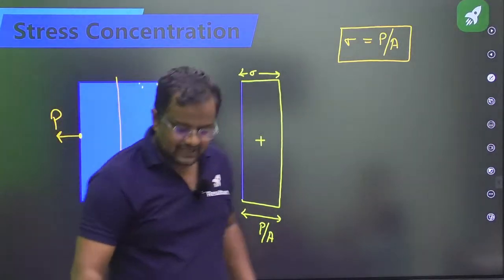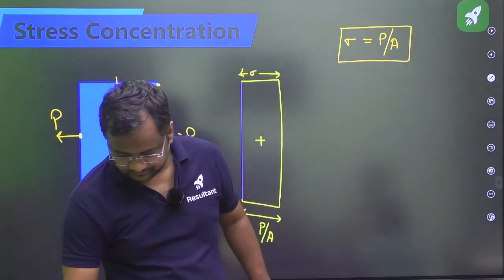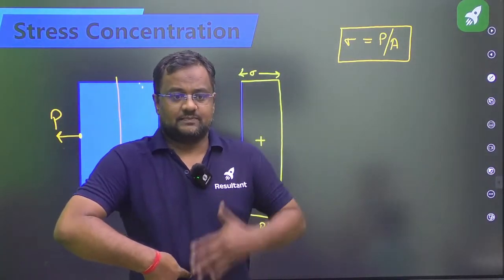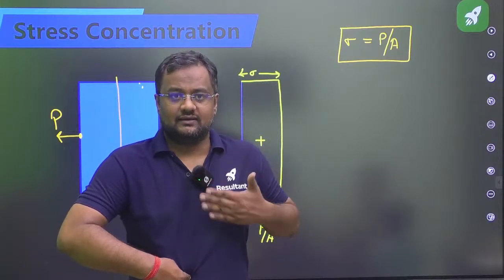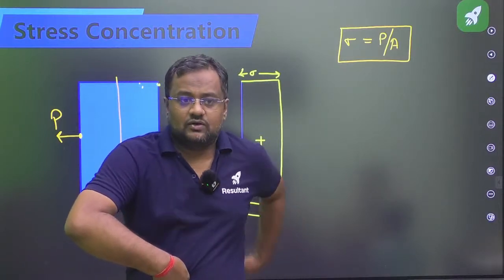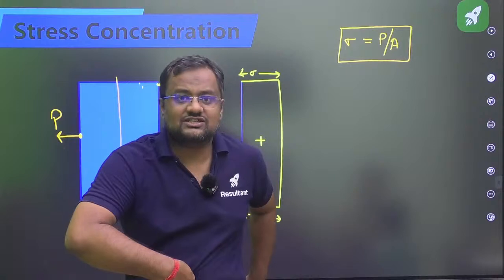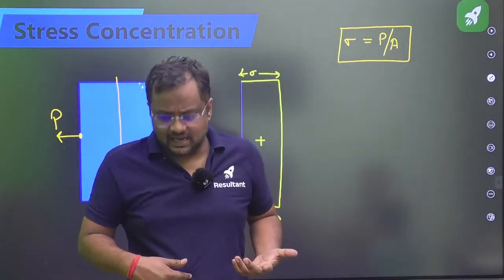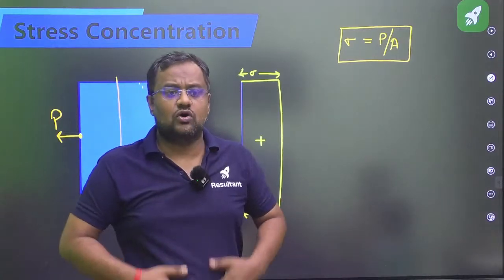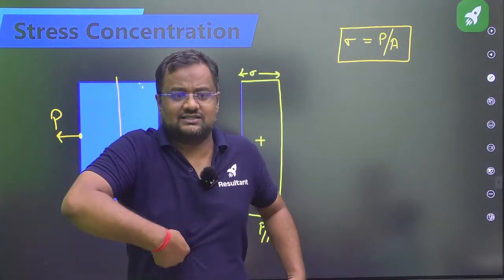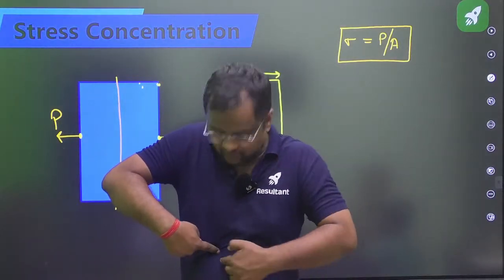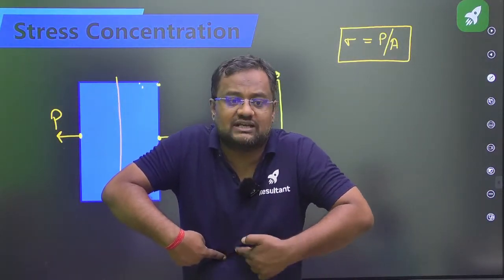Everyone please see, if I apply a P here, and suppose this area is A, the stress is P by A. Theoretically, from an exam point of view, we assume that all over the body the stress is P by A. But actually, at the point where I am applying the load, those molecules are more stressed.